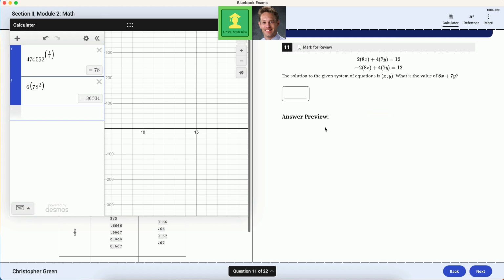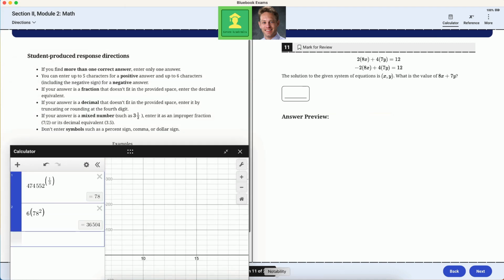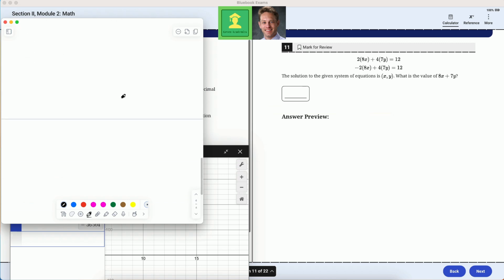The solution to the given system is x, y. What is the value of 8x plus 7y? Well, as we saw in the first module with a system of equations question like this, it's often set up so that if you simply add on top of each other or subtract, it collapses to be something simple. And it looks like that is indeed the case here also, because what's in the left-hand column are opposites to begin with.